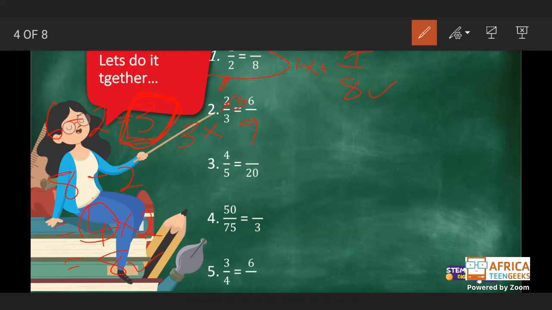Right. So number 3, we have 4 over 5. 4 fifths. So in this case, we only have one number, which is 20. And you know equivalent fractions, they multiply your numerator and denominator by the same number, in order to get the equivalent fraction.